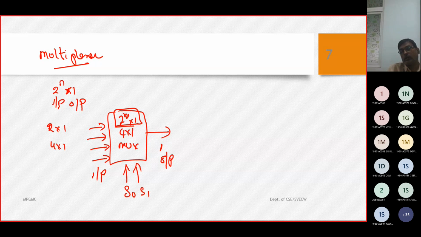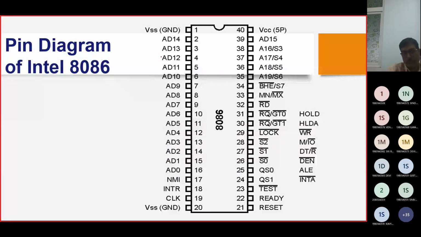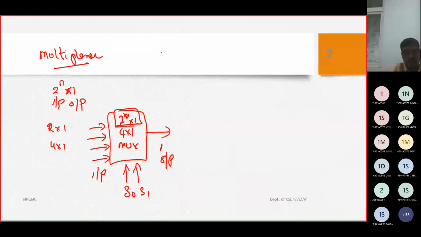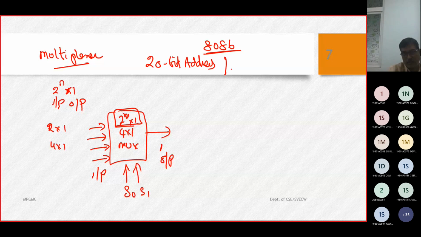Now, how are we relating this multiplexer to the chip? The primary characteristics of 8086 are a 20-bit address bus and a 16-bit data bus.